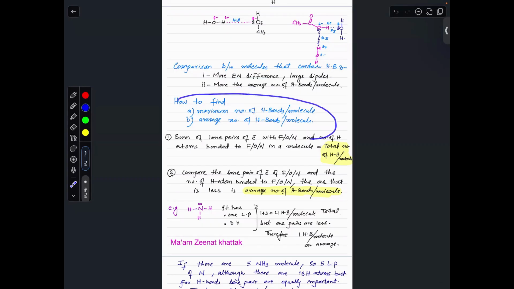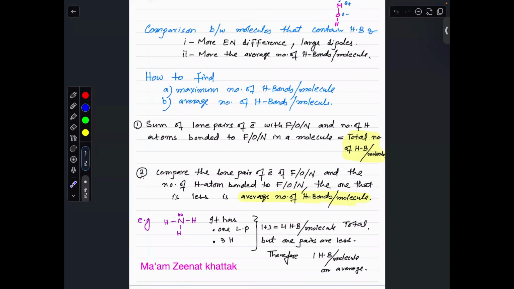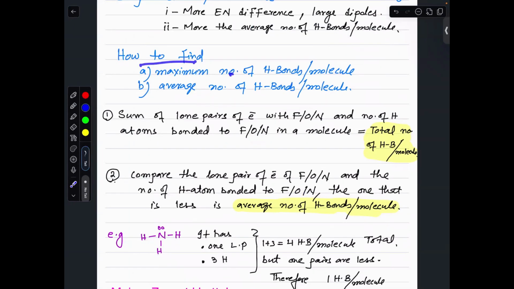But how to find the maximum and the average number of hydrogen bonds? First, the sum of the lone pairs of electrons on FON and the number of hydrogen atoms bonded to FON in a molecule is the total number of hydrogen bonds per molecule.